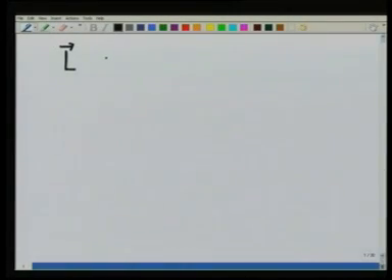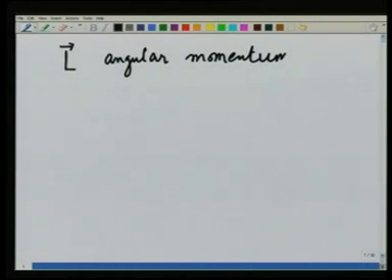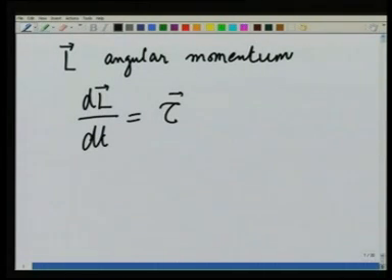Okay, in the previous lecture, we established that for a system of particles, we can work with angular momentum, and the angular momentum satisfies the condition that its rate of change is equal to the torque which is applied externally on a system of particles.